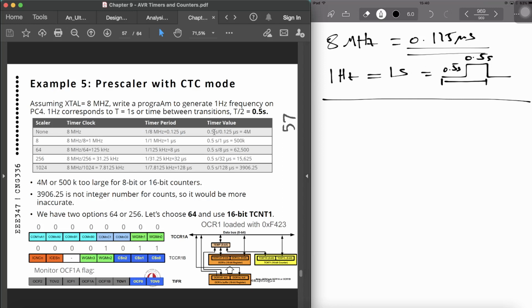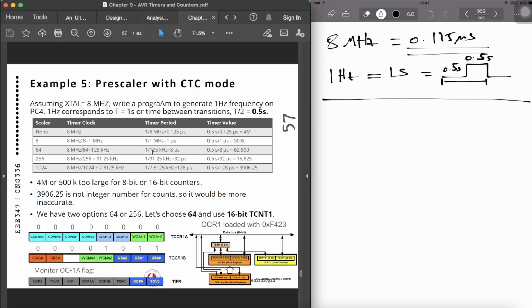So 0.5 seconds divided by 0.125 microseconds is 4 million. We cannot handle that with any of the timers. If we think about a prescaler of 8, this will give us 1 microsecond, and 0.5 divided by 1 microsecond is 500K, still too large. We cannot handle that with any of the timers that we have.